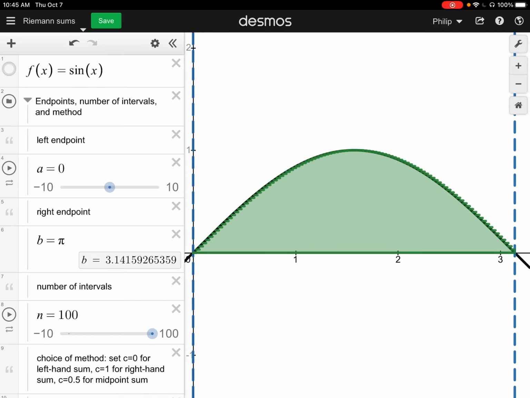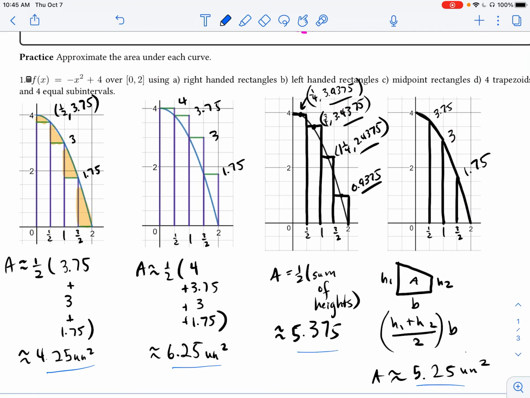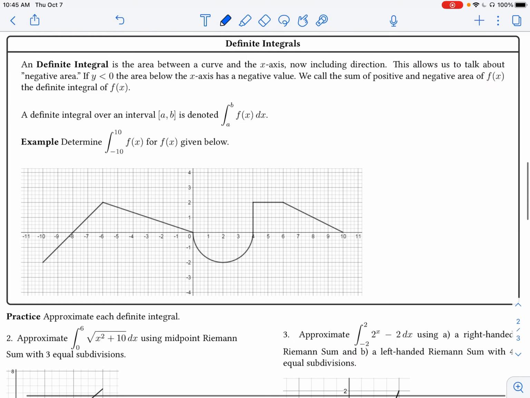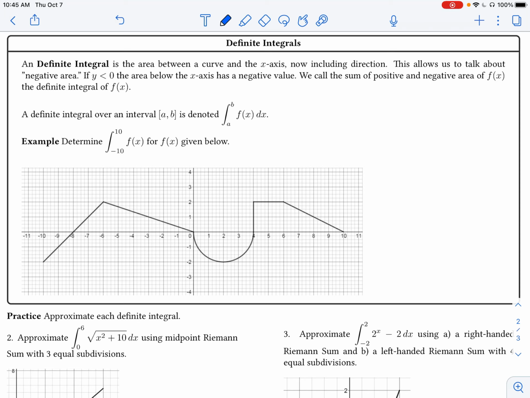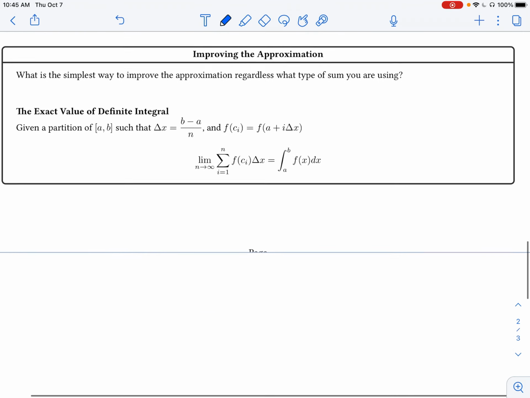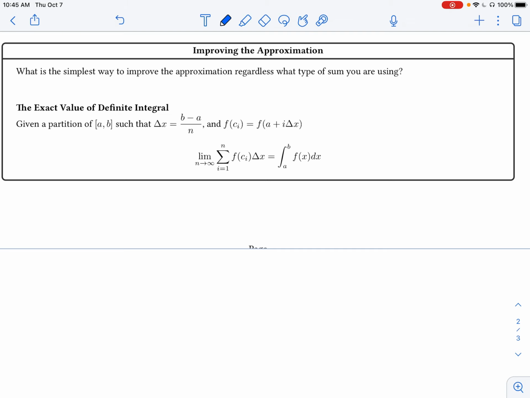A way of notating this in calculus is what's known as the definite integral. So a definite integral is the area, not an approximate area, but the area between the curve and the x-axis. Let me jump down to the formal definition first so we can get comfortable with our notation. We say the exact value of the area underneath the curve would be what's known as an integral.